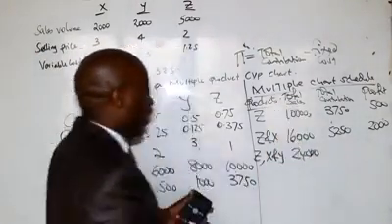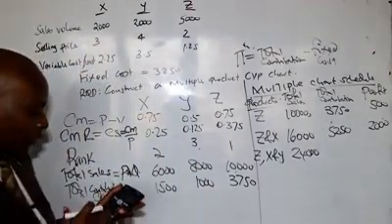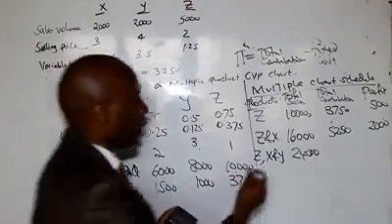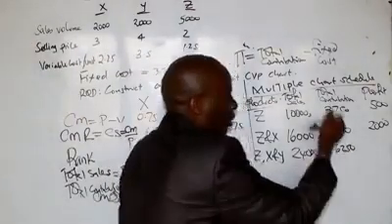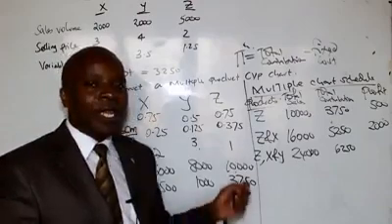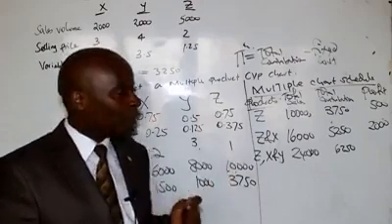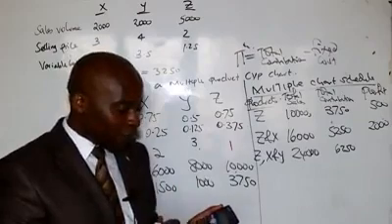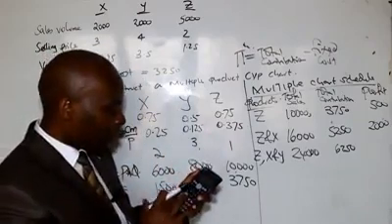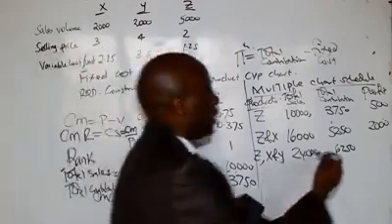We have the total contributions here, 2,500 plus 3,750, which gives me 6,250. The moment I get contributions there, straight away I knock off the fixed cost of the farm. So minus 3,250 gives me 3,000.